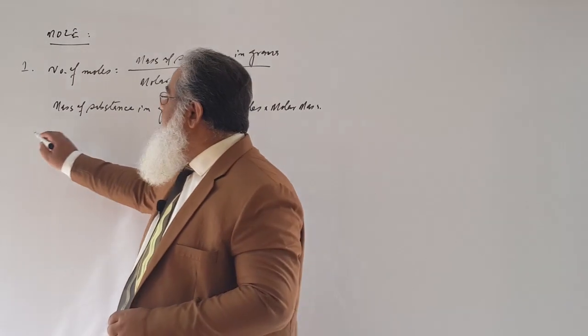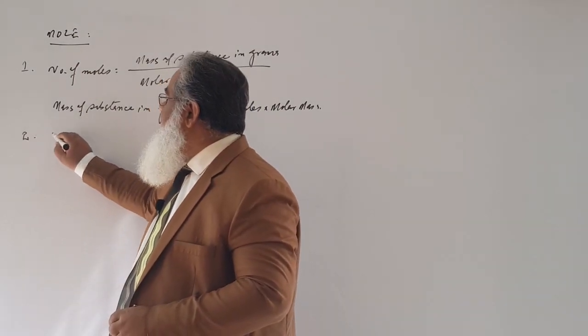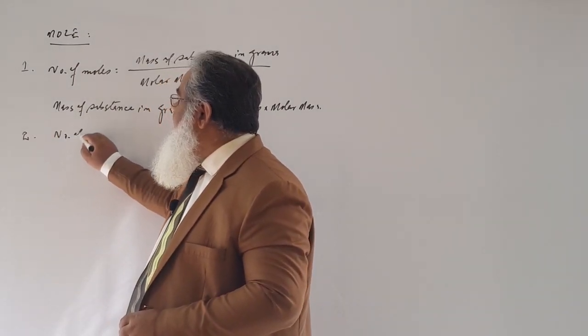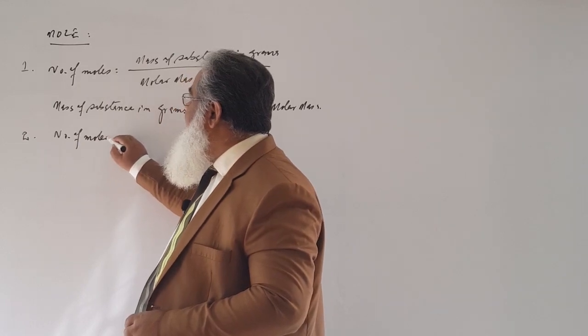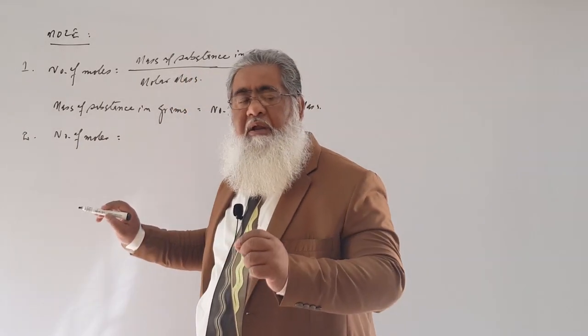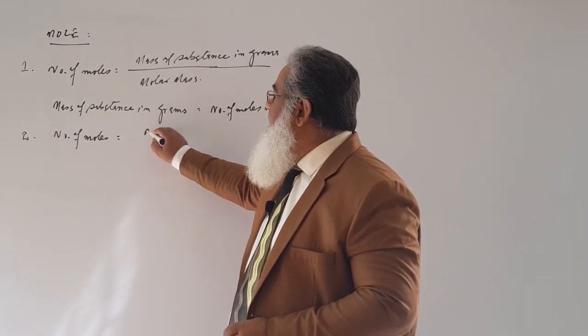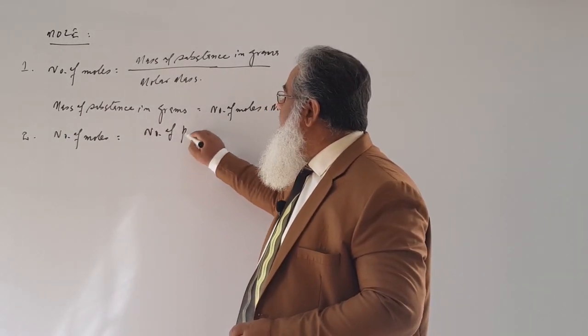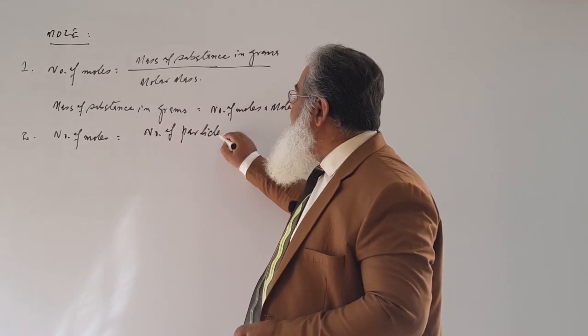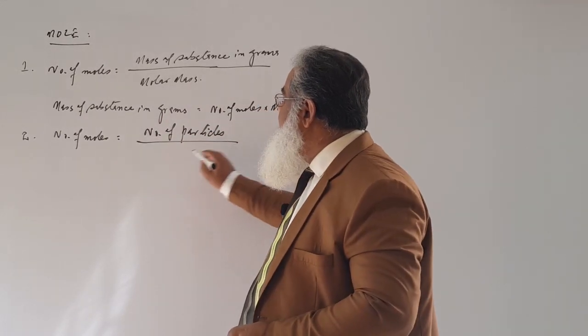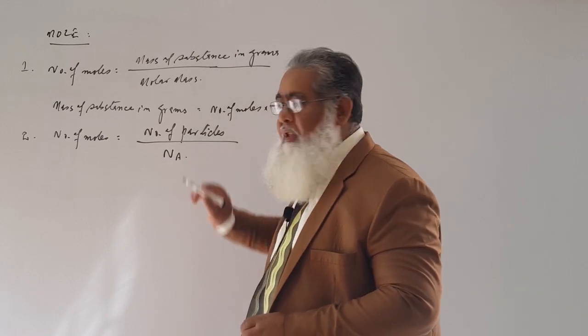Now, with respect to the second formula, to find number of moles when number of particles, number of atoms, ions or molecules are given, we have to apply the formula number of particles divided by Avogadro's number.